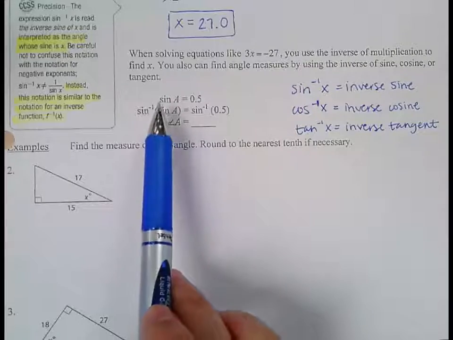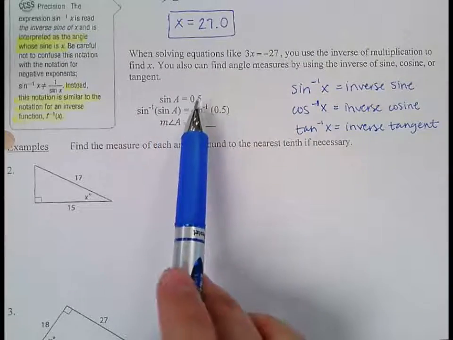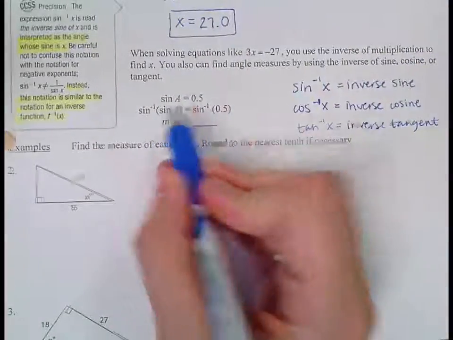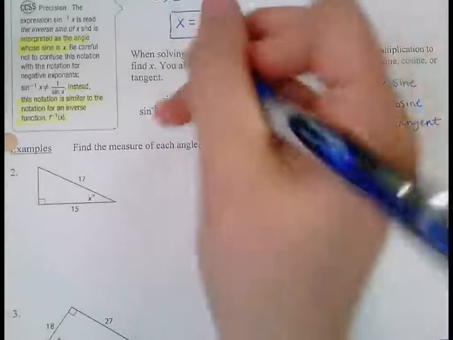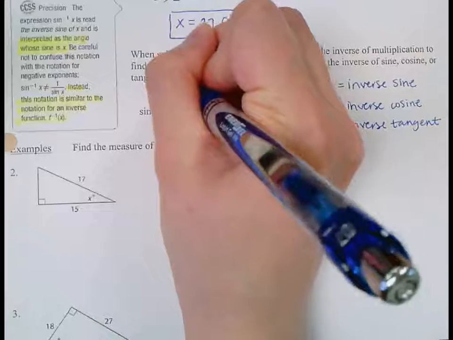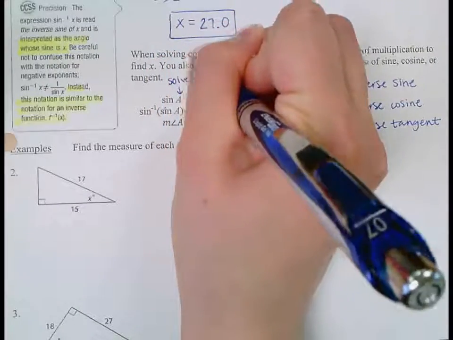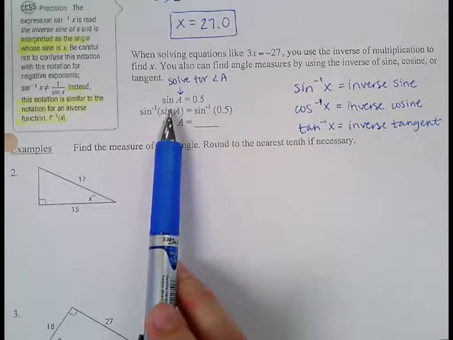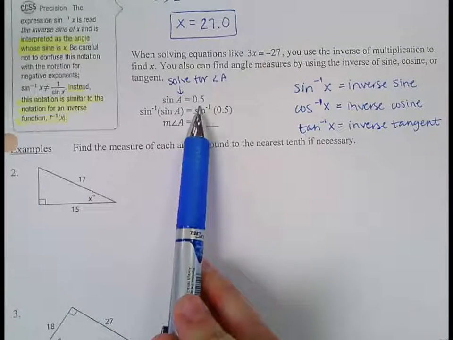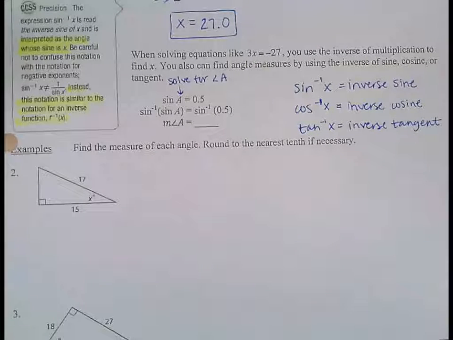So there is a worked out example here. Say you have sine of A is equal to 0.5. If this was your equation, you could use inverse sine to solve for angle A. And so notice you are not going to divide both sides by sine in this case. Sine alone means nothing.